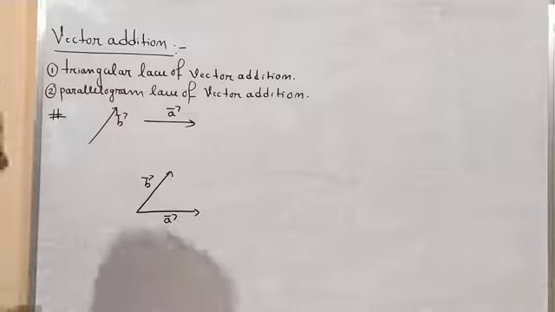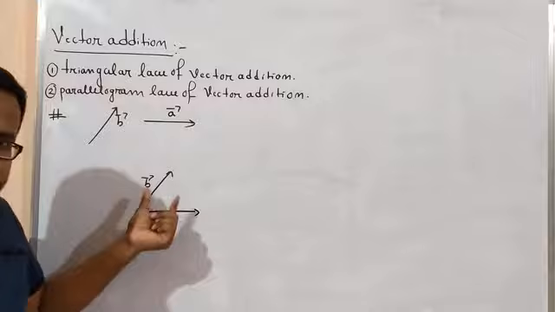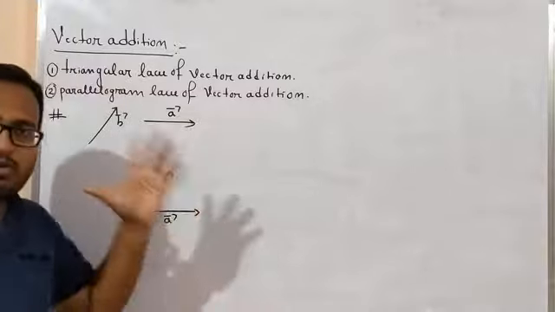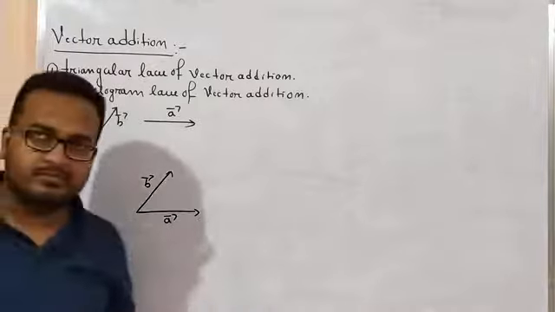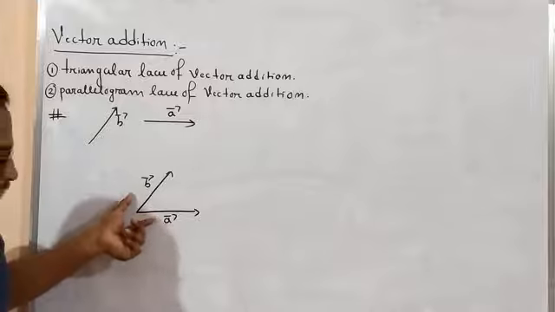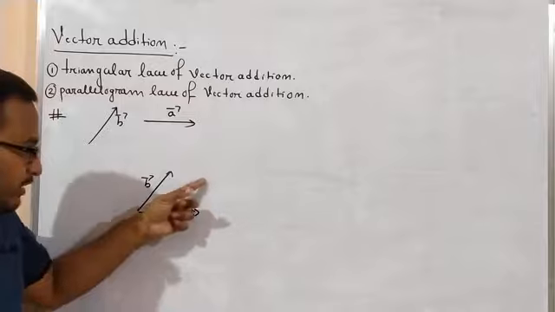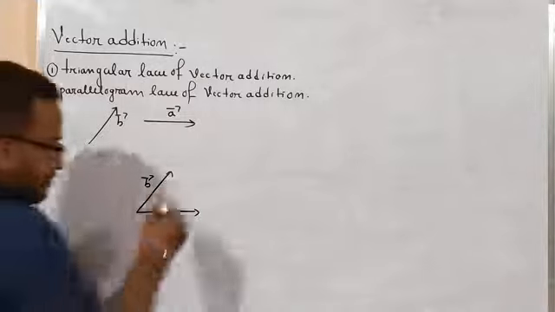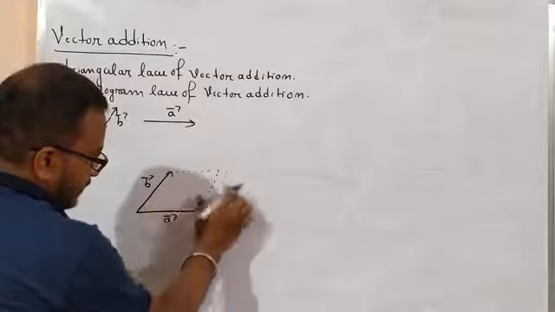So what does the parallelogram law of vector addition say? If two vectors represent the adjacent sides of a parallelogram as co-initial vectors, co-initial meaning the initial point must be the same, then the sum of these two vectors represents the diagonal of the parallelogram passing through that point.